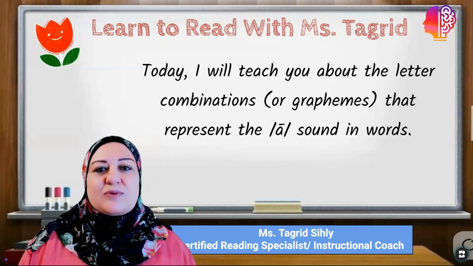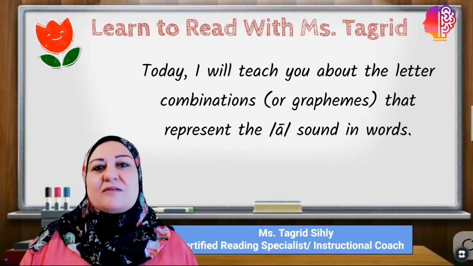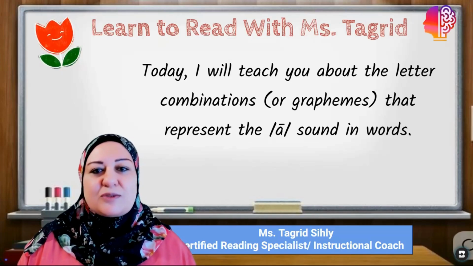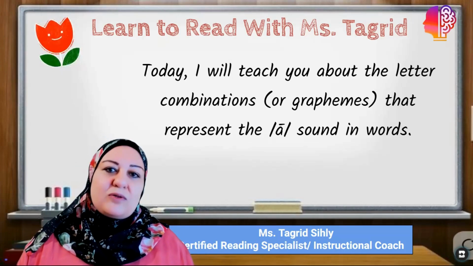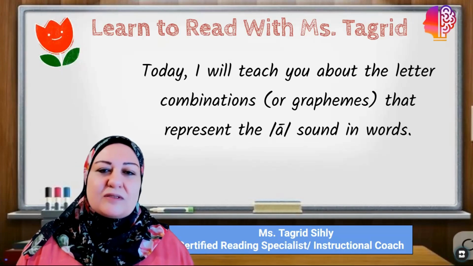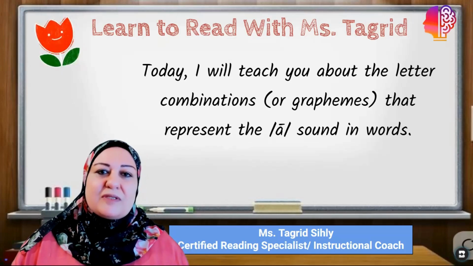Today I'm going to teach you about 9 different ways that we can represent the long A sound in English words. When we talk about the different letter combinations, we call those graphemes, the different graphemes that we use to represent the vowel sound.